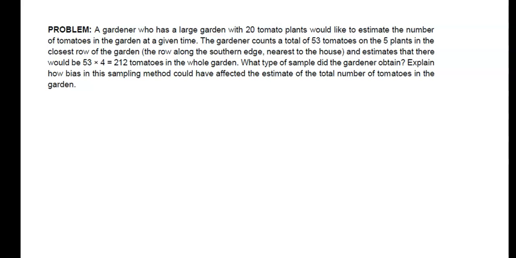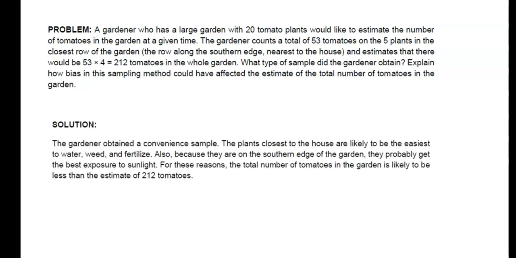A large garden with 20 plants, I have to kind of picture this. There's 20 plants in rows, and of the 5 plants in the closest row, he counted all the tomatoes. Maybe the row closest to the south gets more sun or less sun, and the tomatoes grow better. My guess is that on the edge there, the tomatoes would grow a little bit better, and so maybe an over prediction. See what they said.